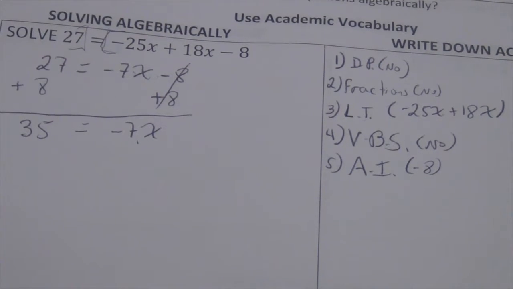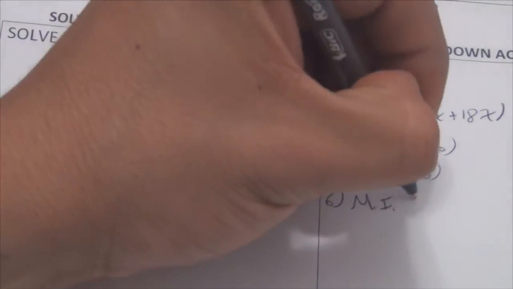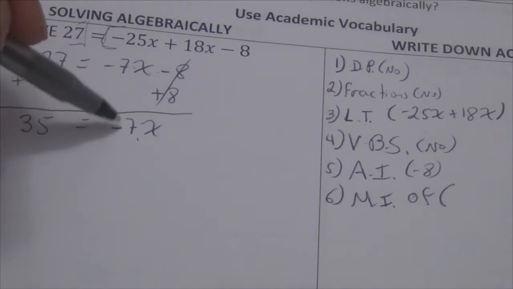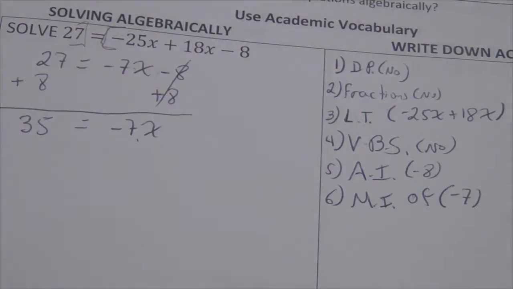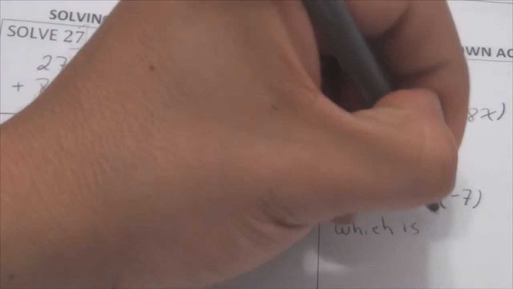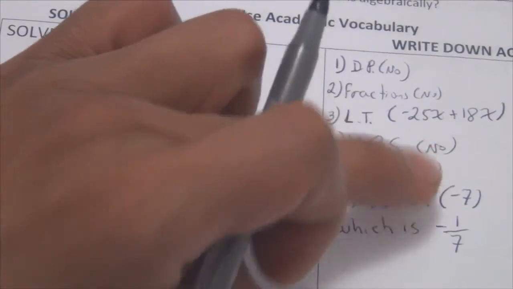And now I am going to use the multiplicative inverse of the number multiplying the variable. In this case, negative 7 is multiplying x. What is the multiplicative inverse of negative 7? Remember, this is negative 7 over 1.